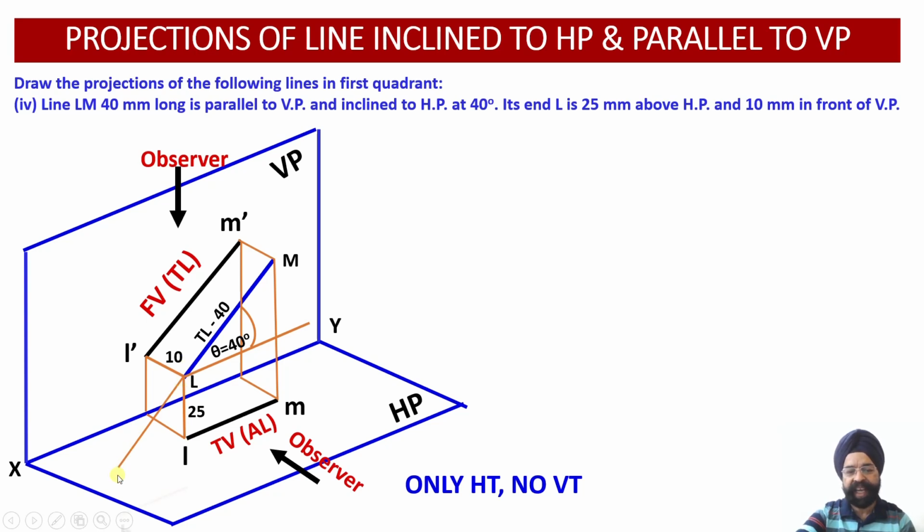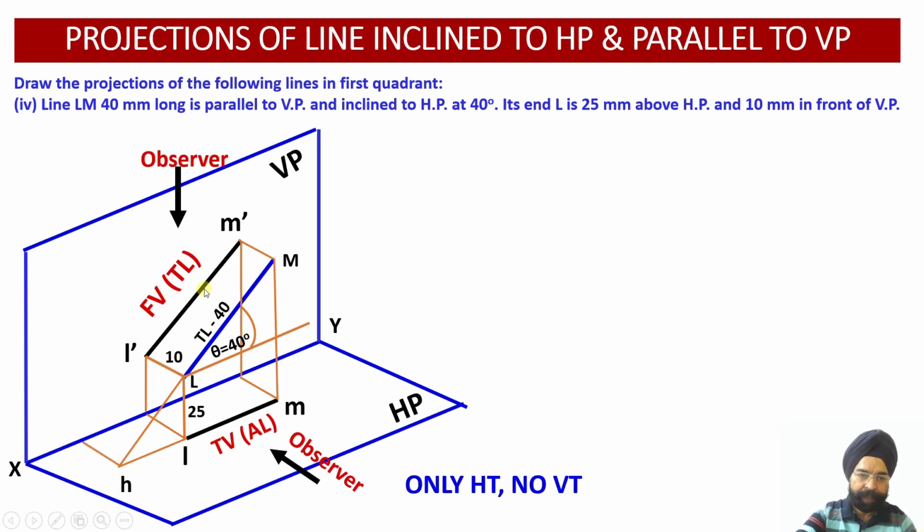Once I extend this line, I obtain this point as small h. This is the point of intersection of the line itself or its extension with the horizontal plane. Now how do I obtain the horizontal trace? I have to draw the perpendicular of this onto my XY reference line.